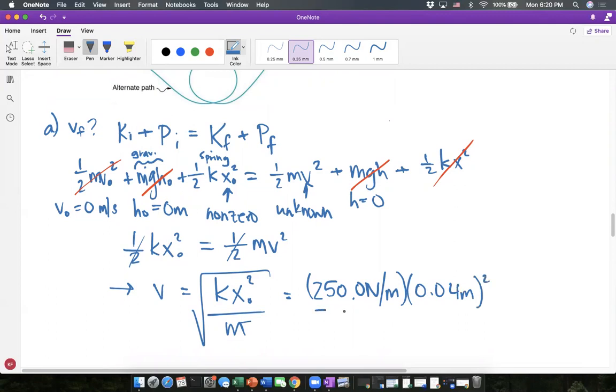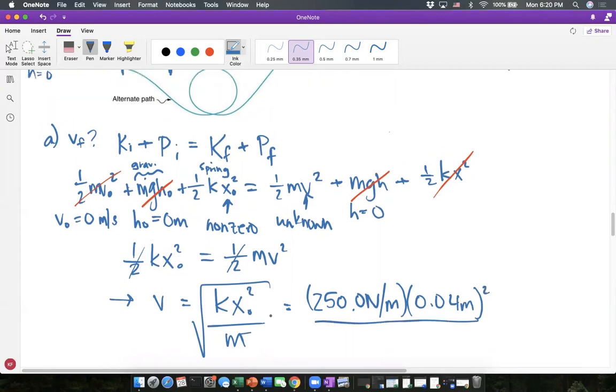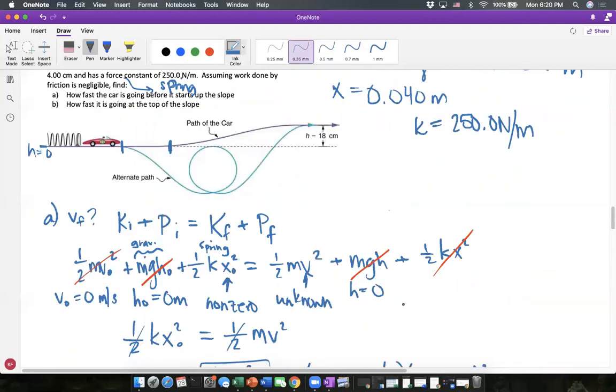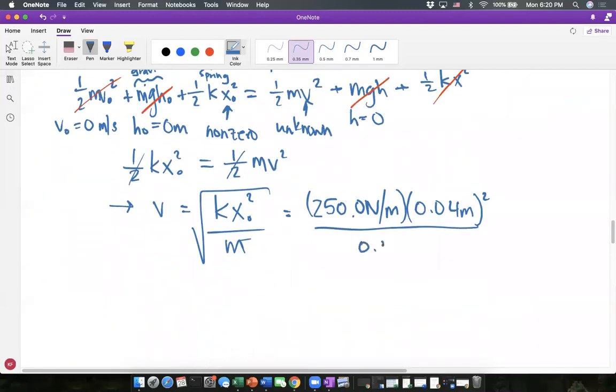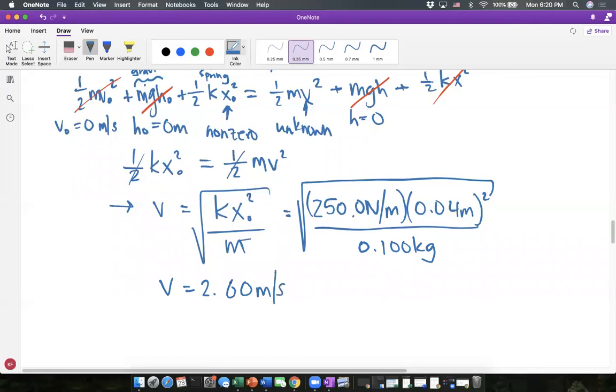Okay, and that's going to be squared, divided by our mass, which is 0.1 kilograms. And this will be square rooted. Okay, so our velocity ends up being 2.0 meters per second. Okay, and again, you always want to make sure that you're checking your units.